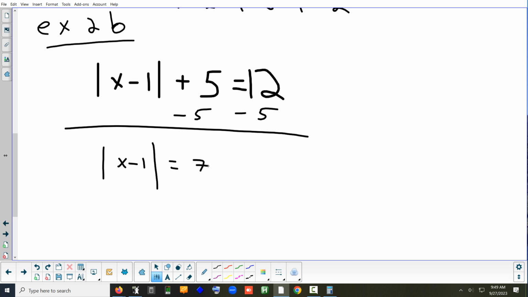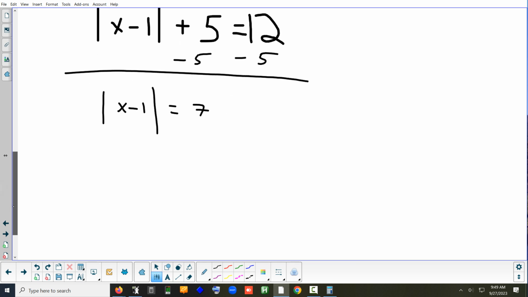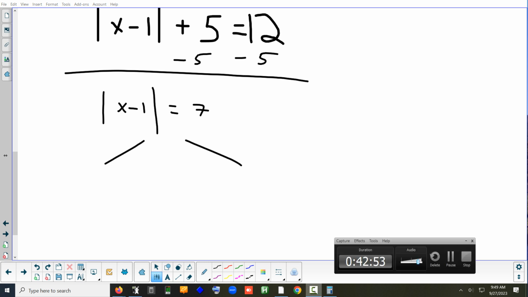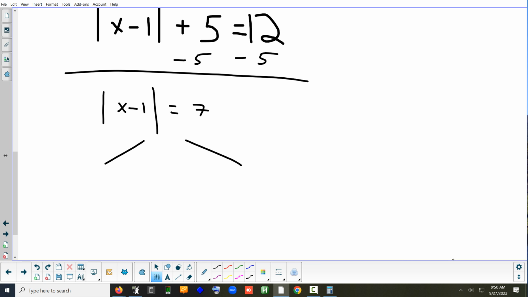Okay, so now you're ready to split that up into 2 problems. Okay, let's take a look at the last one. So the first step was to get the absolute value by itself. Okay, what's the first equation that you split this one into?